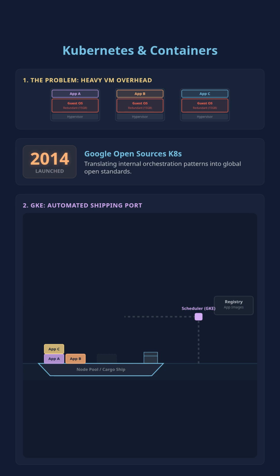GKE automatically deploys these containers across a cluster of VMs, monitors their health, and auto-scales them. If a container crashes, GKE instantly kills it and spins up a fresh one, ensuring your application achieves high availability without manual intervention. This self-healing loop runs continuously, saving engineers from midnight pager alerts.